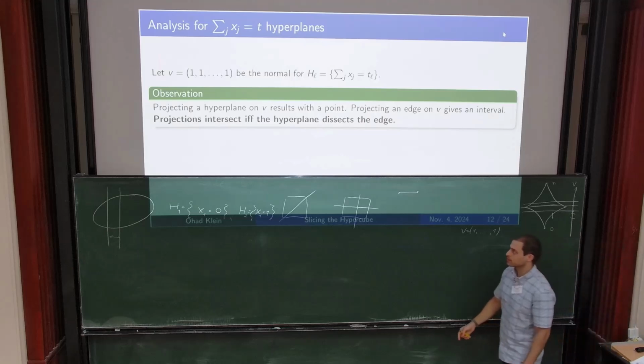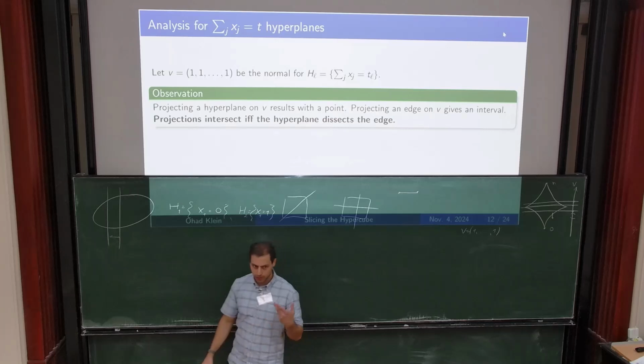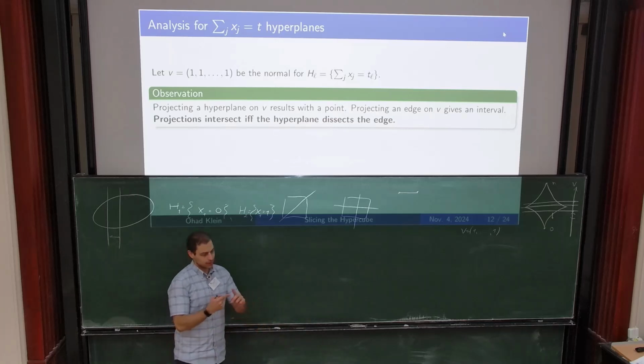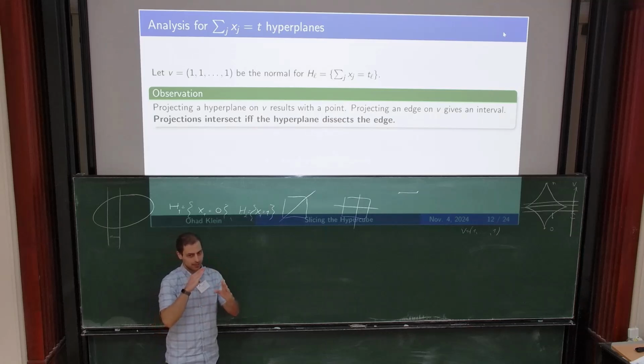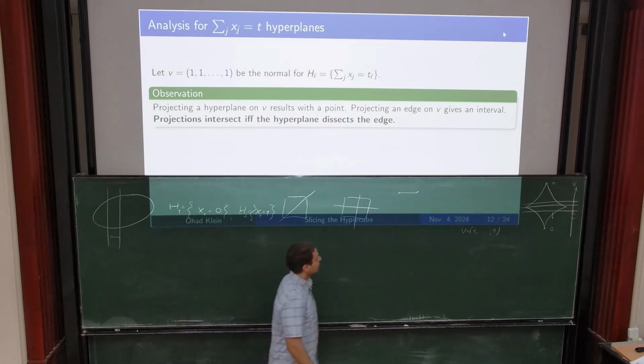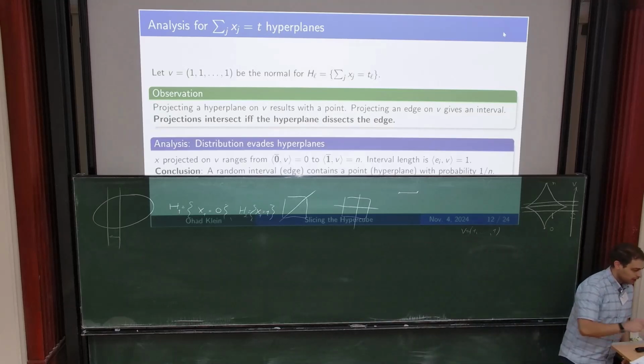This means that the interval we got contains the point we got only if the edge intersects the hyperplane. This is the main idea we are going to use.